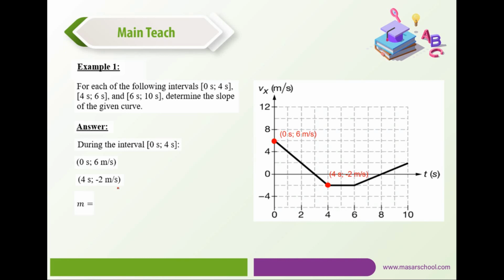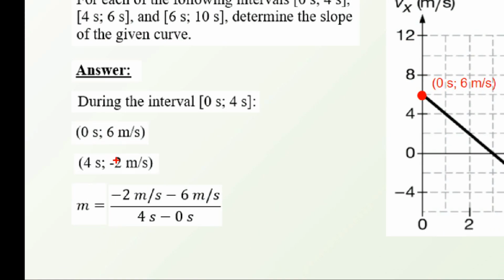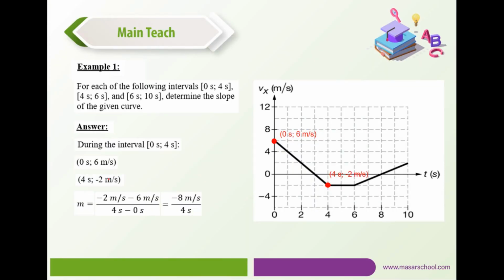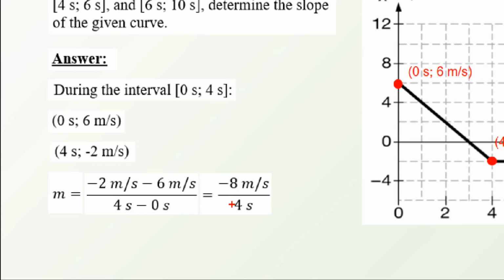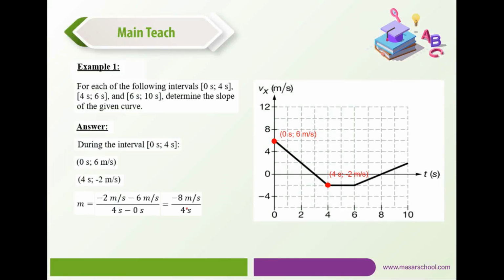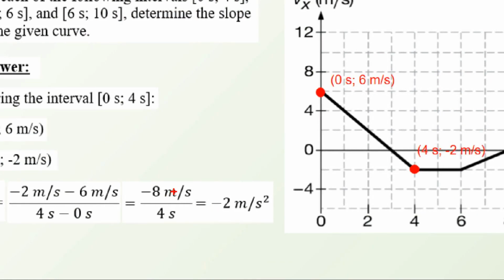Then the slope, for me I would rather do minus 2 minus 6, so this number minus this number over this number minus this number. That would be negative 2 minus 6 over 4 minus 0, and the slope in this case would be negative 8 over 4, which is negative 2, and the unit in this case would be meter per second, per second, which is meter per second square.